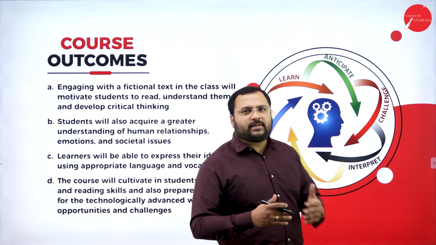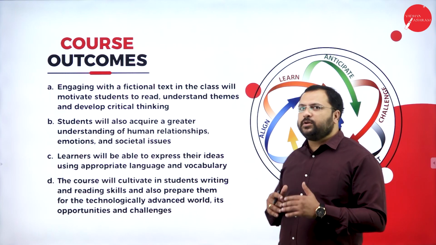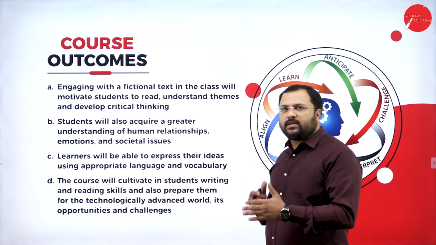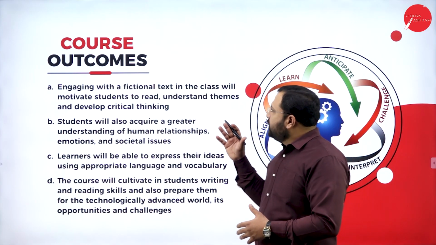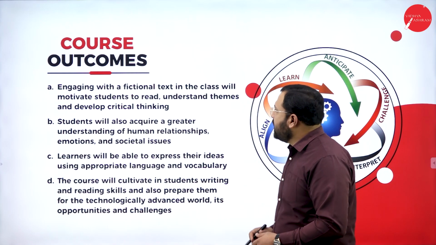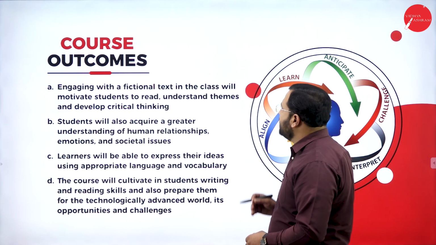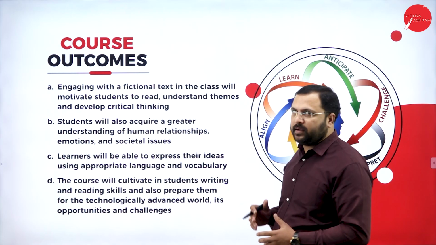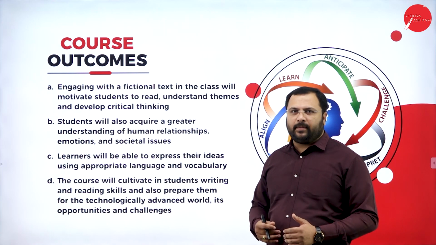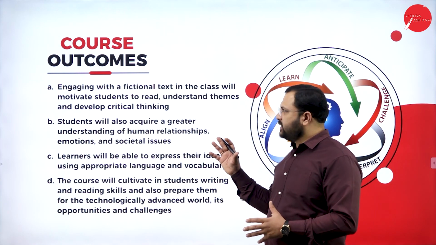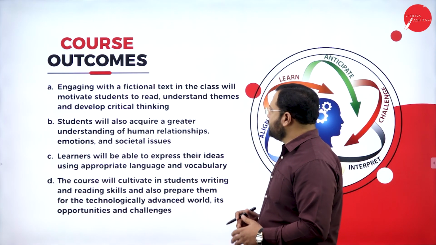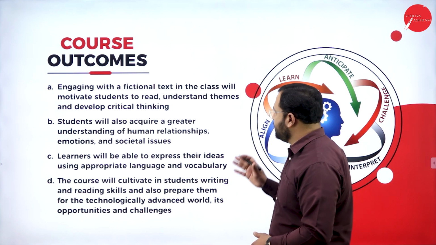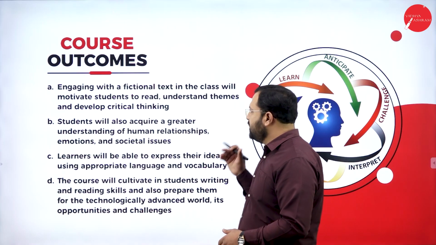Then after going through the syllabus, what are the course outcomes? Once you go through the syllabus, what is going to happen? So the course outcomes are these. Engaging with a fictional text in the class will motivate students to read, understand themes and develop critical thinking. Once you read the text prescribed, you will have these things in mind. Students will also acquire a greater understanding of human relationships, emotions and societal issues.